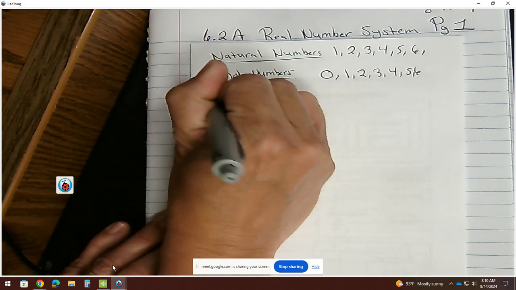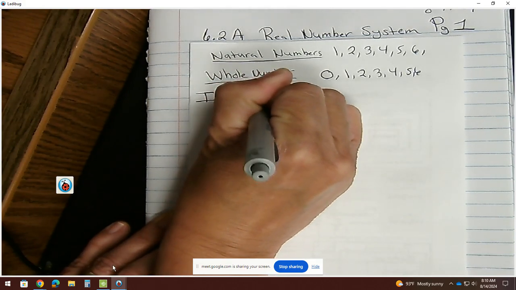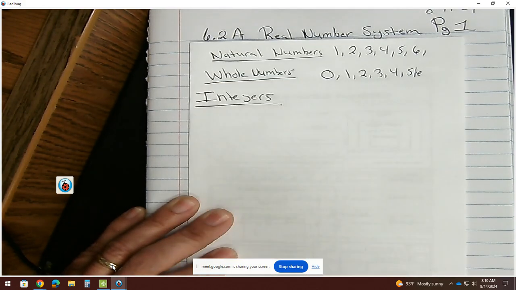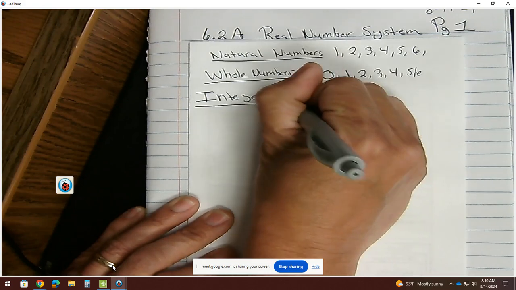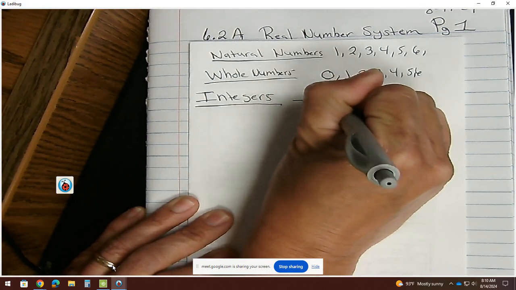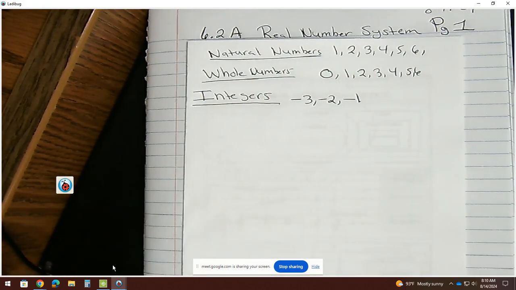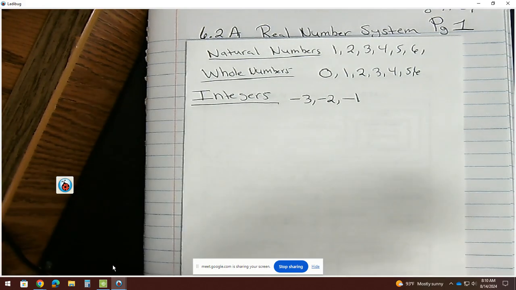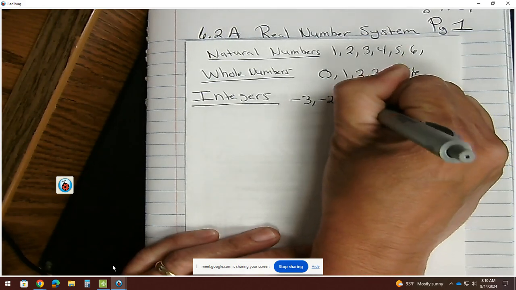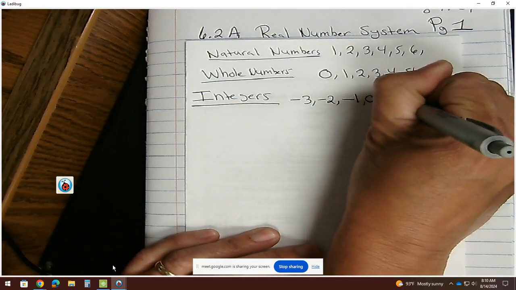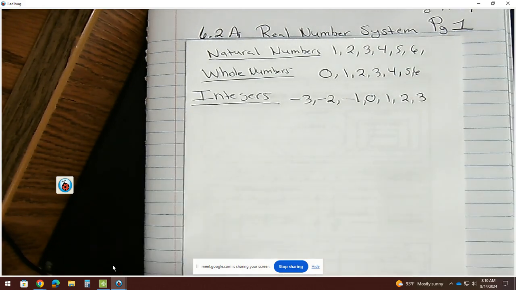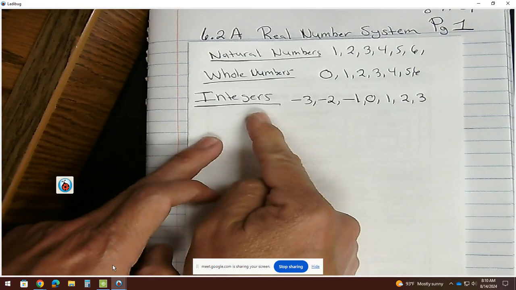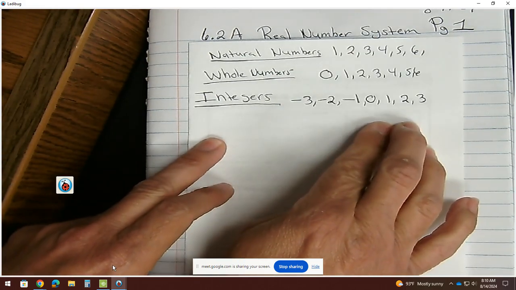So integers come into the system and say, in case we ever need to pay somebody, I'm going to go -3, -2, -1. Those are your integers. But guess who's also part of the integers? The rest of them. So 0 would be an integer. 1 would be an integer. 2 would be an integer. 3. Okay? So as we're coming up with new systems, they continue being part of it.